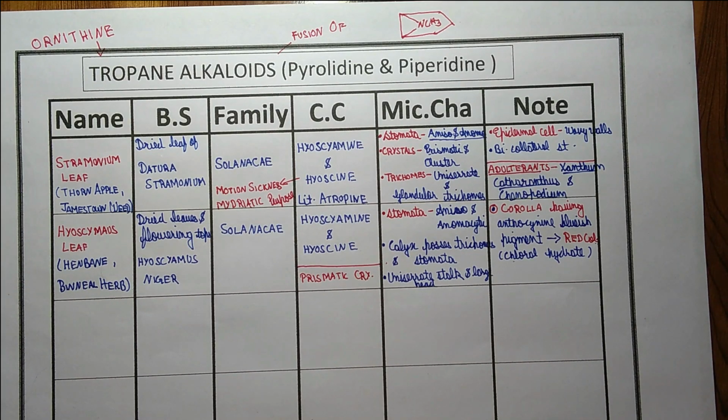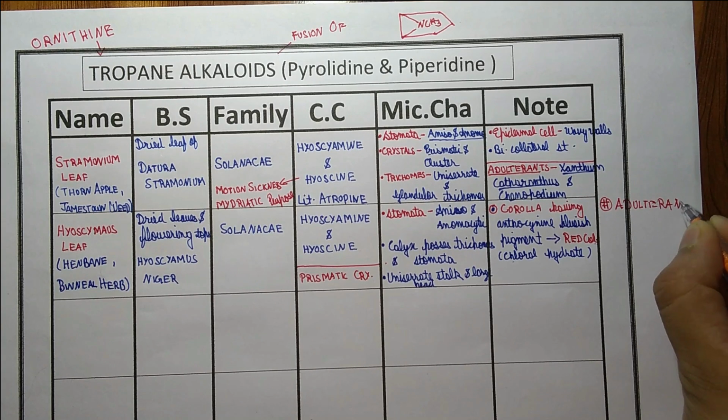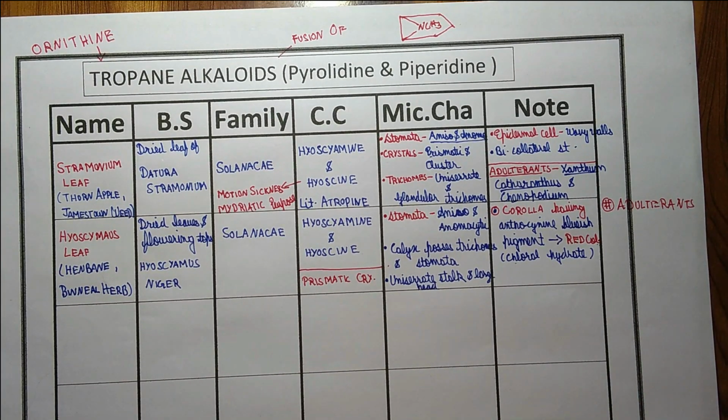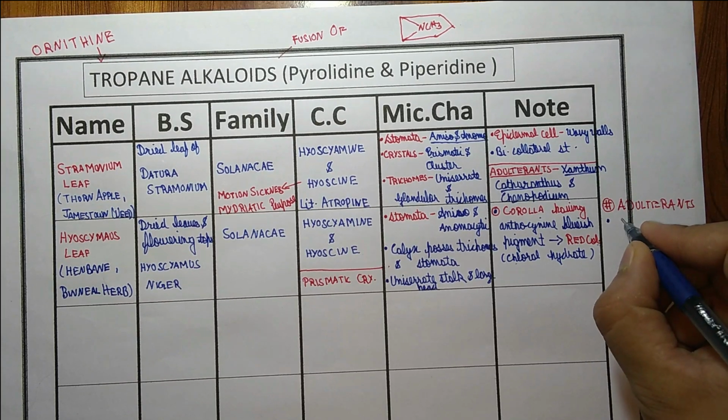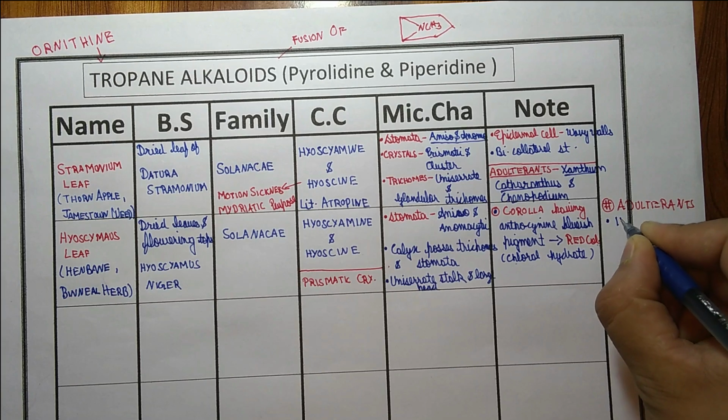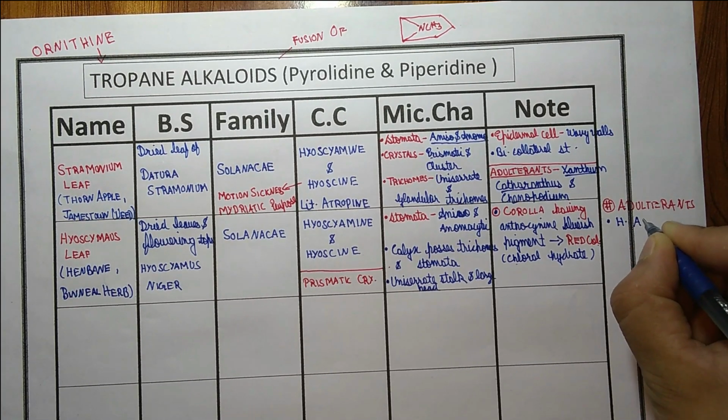Now coming to its allied drugs. The names of adulterant drugs are Hyoscyamus albus.